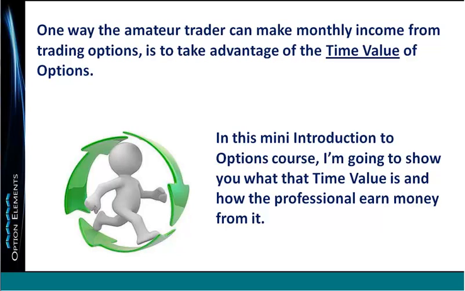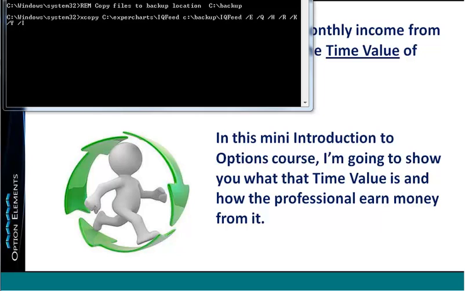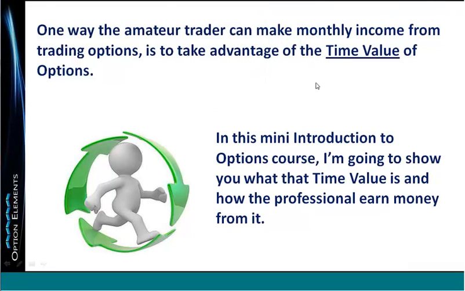Because that time value, the amount of money that's associated with the time value, decreases over time as the option begins to expire or wither on the vine, shall we say. So that's one of the ways to earn monthly income: from the time decay of option premium, known as time value.